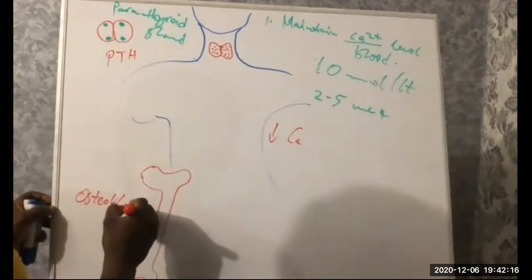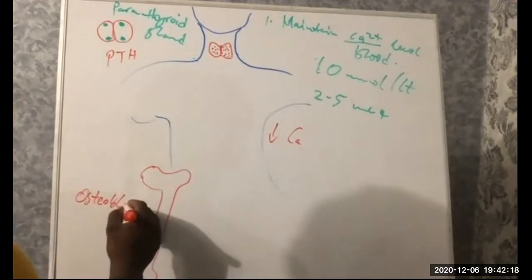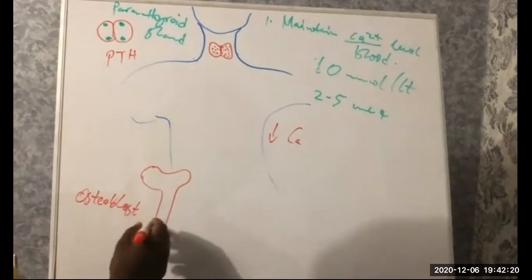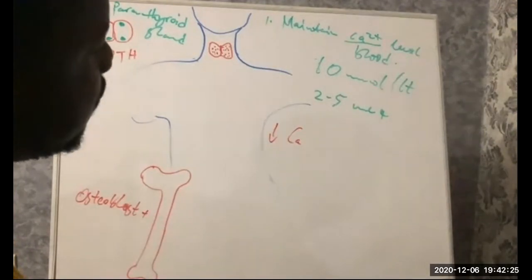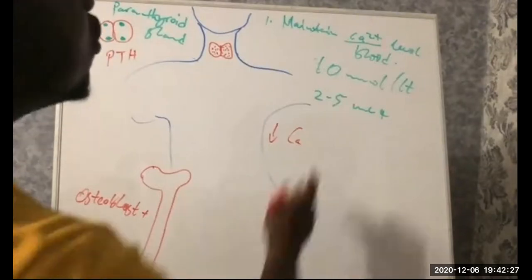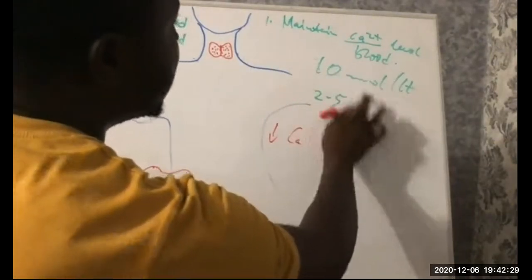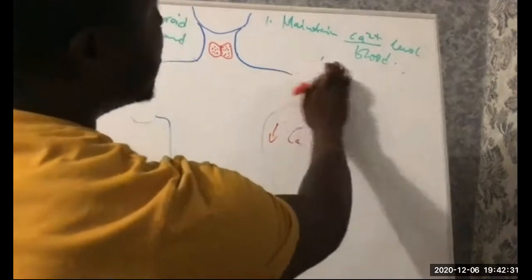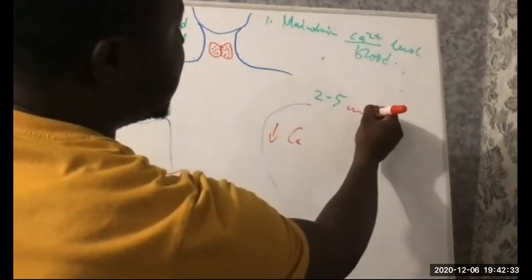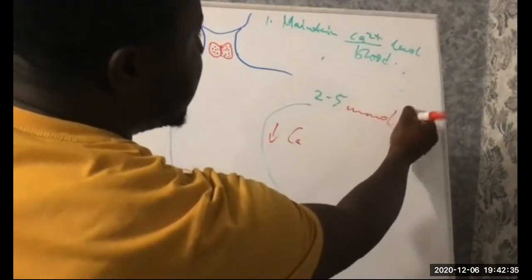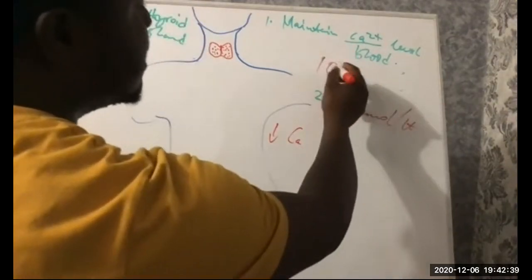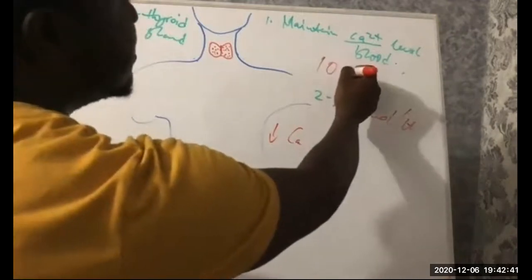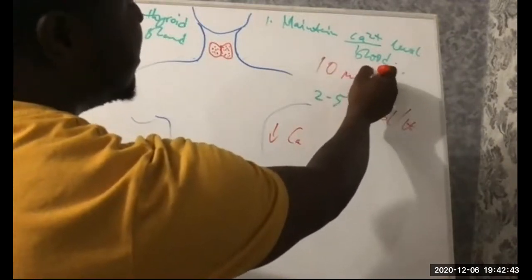The normal level should be around 2.2 to 2.6 millimole per liter, around 2.5 millimole per liter. I didn't want to get the SI unit wrong. If you are using milli equivalent, it would have been 10.